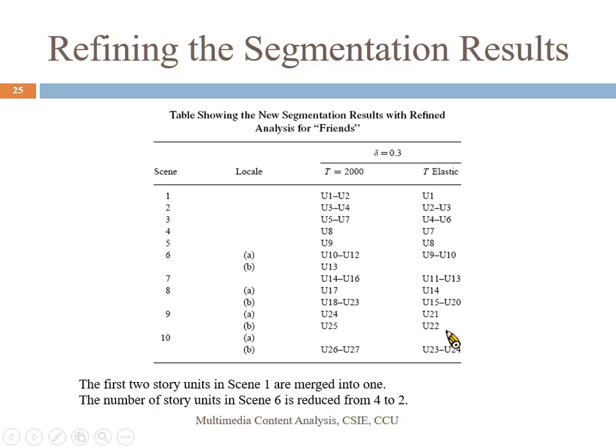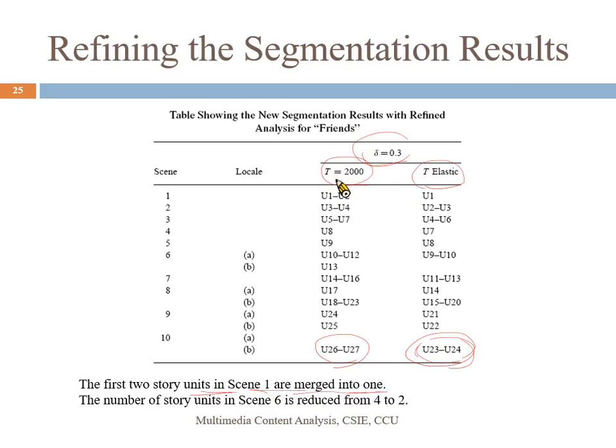And to verify the performance of the refinement analysis, here we fix the delta as 0.3, and then we compare the result when the parameter t is set as 2000 or the parameter is set elastically. Here we can see that the final scene change detection result really improved. Especially we can see that the first two story units in scene 1 are merged into one.